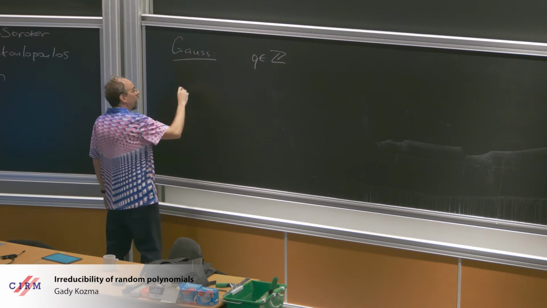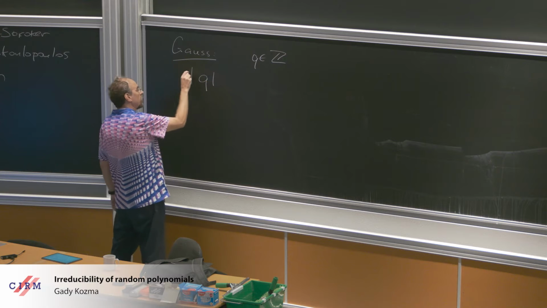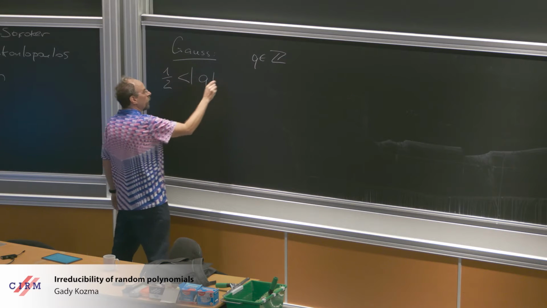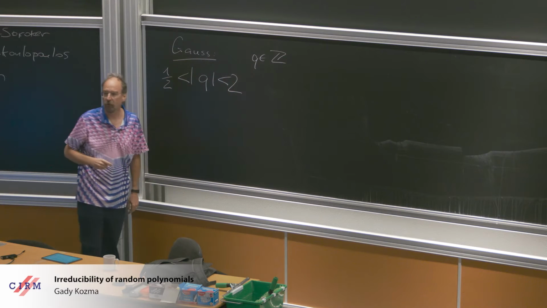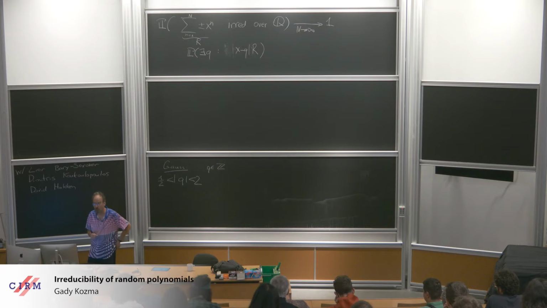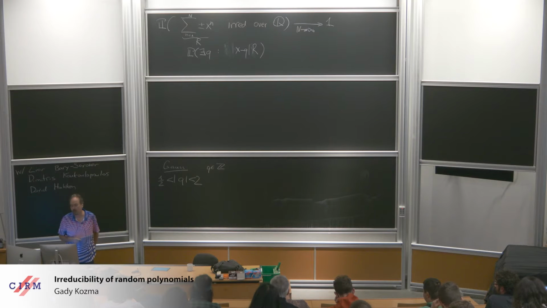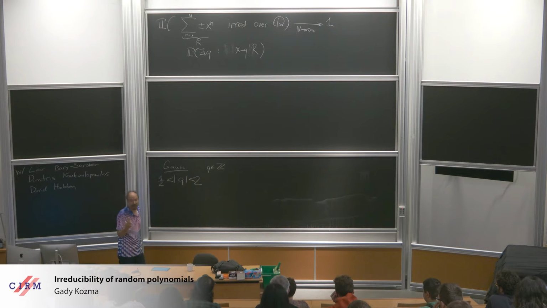Now, the analytic part is that the absolute value of q must be between half and 2. Why? Because if the number is 2, then the top coefficient is bigger than the sum of all the rest. If the number is half, then the bottom coefficient is bigger than the sum of all the rest. So that leaves only two possibilities, 1 and -1.